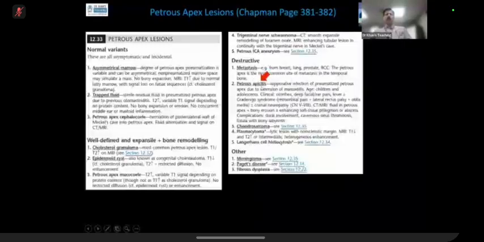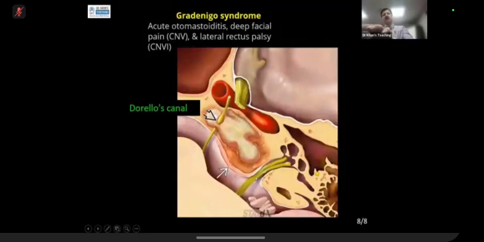From your book, petrous apicitis: this is the syndrome, retroorbital pain, lateral rectus palsy, plus otitis media, plus or minus cranial neuropathy, where nerves 5 to 8 can now be involved, because the infection is not far away, as this is the IAM.